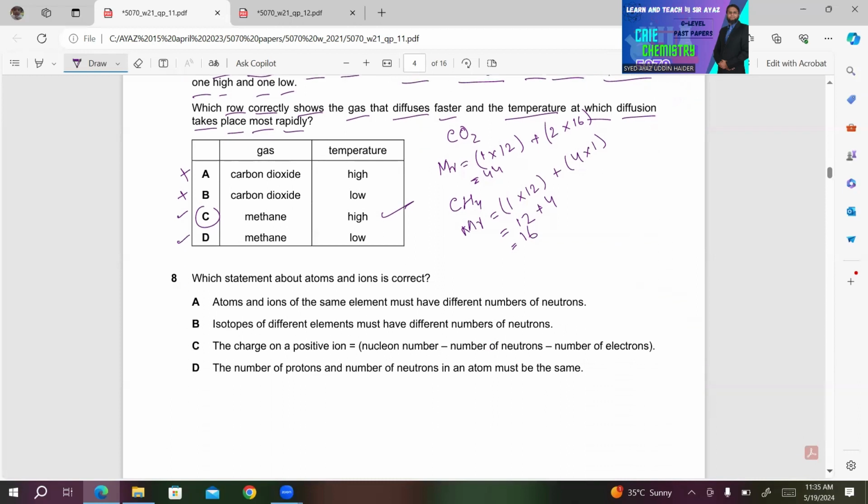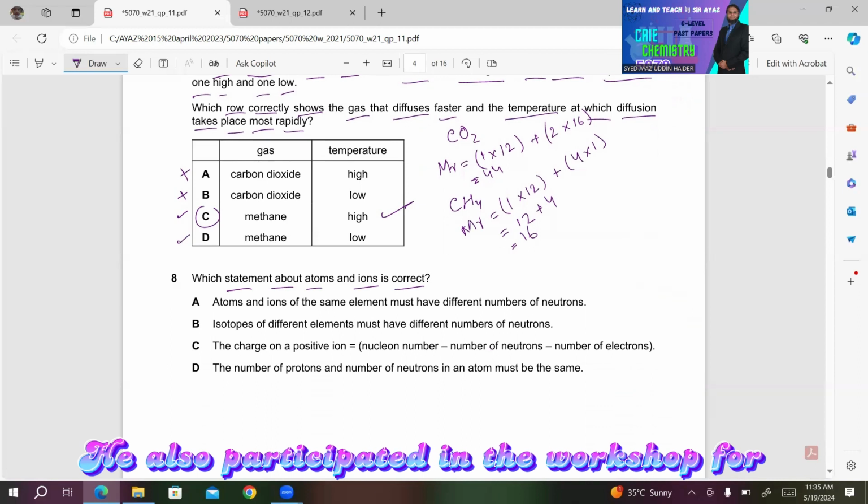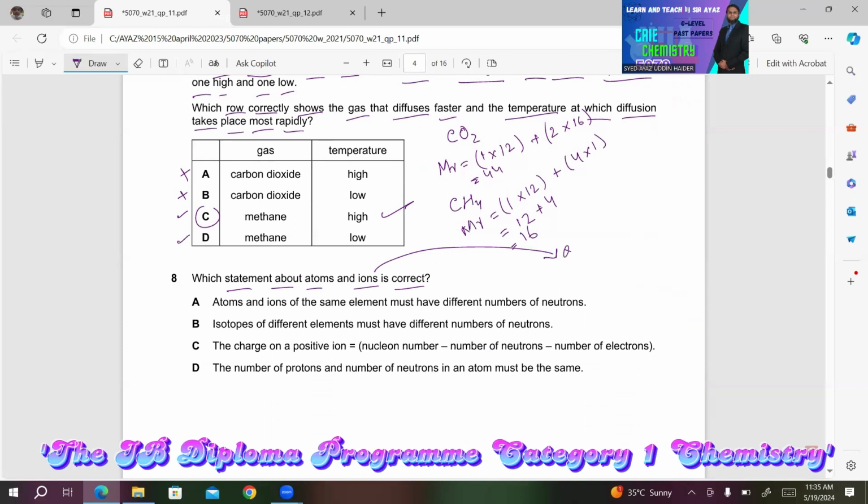Number 8. Which statement about atoms and ions is correct? You know ions are produced when an atom loses or gains electrons.